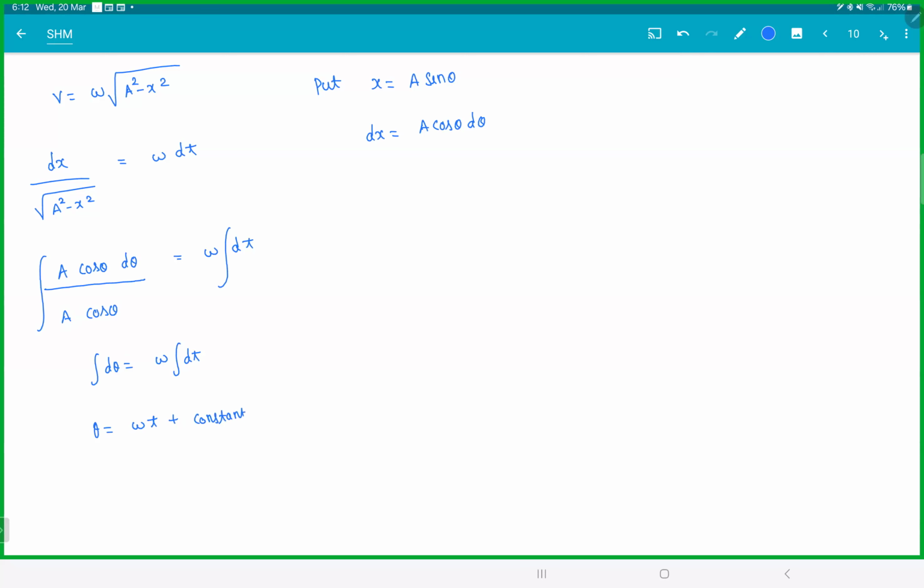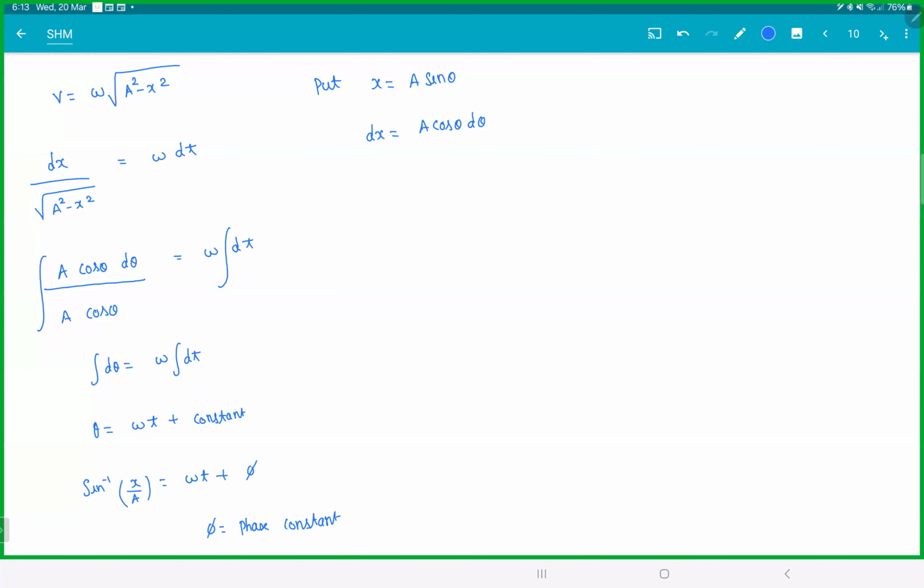If you bring that theta back into the function, this is nothing but sine inverse of x by a equal to omega t plus, let's call this phi. So phi is called the phase constant. We'll talk about this phi. Phi is one of the most messed up things. It's not difficult, but you need to know properly what phi is, because it will come in SHM, in waves, and in wave optics.